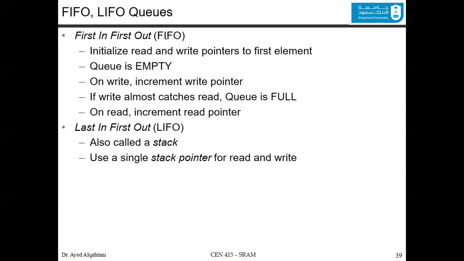In the FIFO, you initialize the read and write pointers. So you have 2 pointers to the first element. So originally, because you initialize them at the beginning in the first element, the queue will be empty. This way, we know the queue is empty. On write, you increment the write pointer. On read, you increment the read pointer. If the write pointer almost catches the read pointer, then the queue is full.